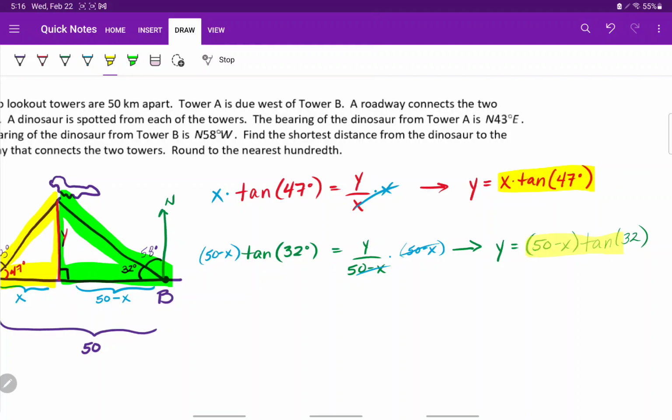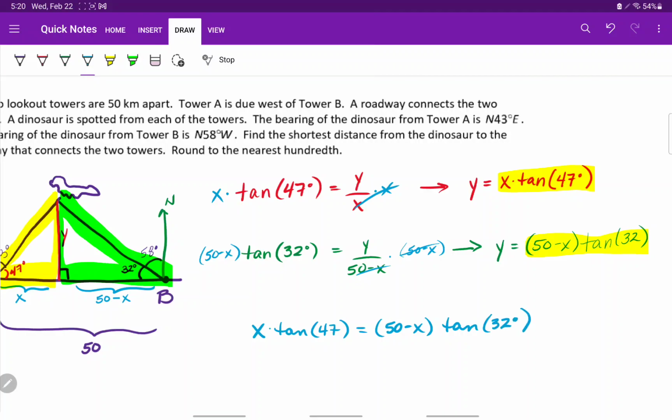Since both of these are equal to y, our transitive property of equality says that we can set those two equal to each other. So we're going to do that. So x times tangent of 47 degrees will be equal to 50 minus x times tangent of 32 degrees.